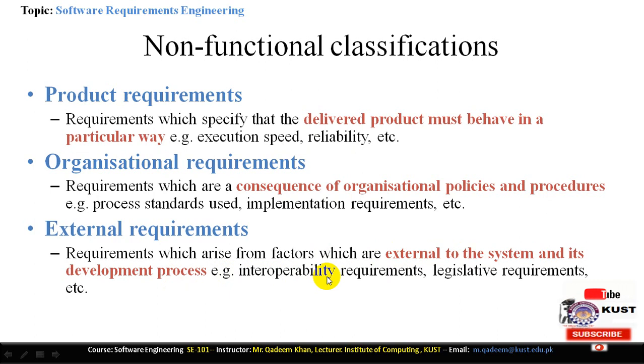For example, interoperability requirements. Interoperability means that the product has good communication with other products or other environments. Legislative requirements means that there are certain laws and regulations that we will follow, etc.